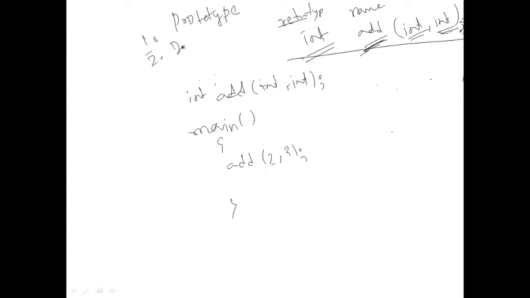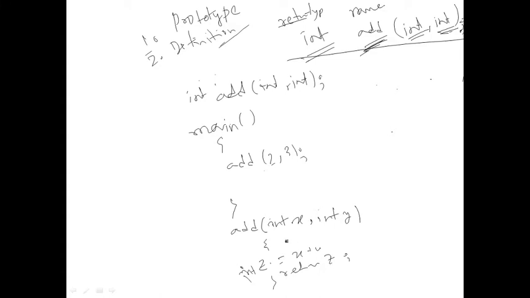Then the second one is the definition. Here we have the definition, the second part. It is like this: integer add, integer x, integer y, and suppose z is an integer, z is equal to x plus y, and return z.